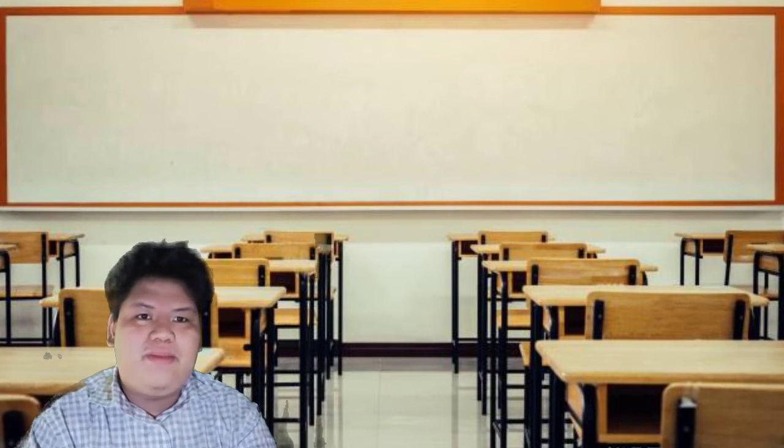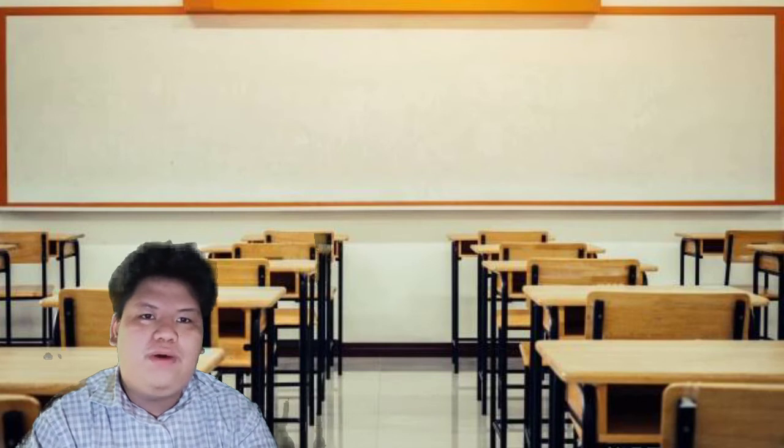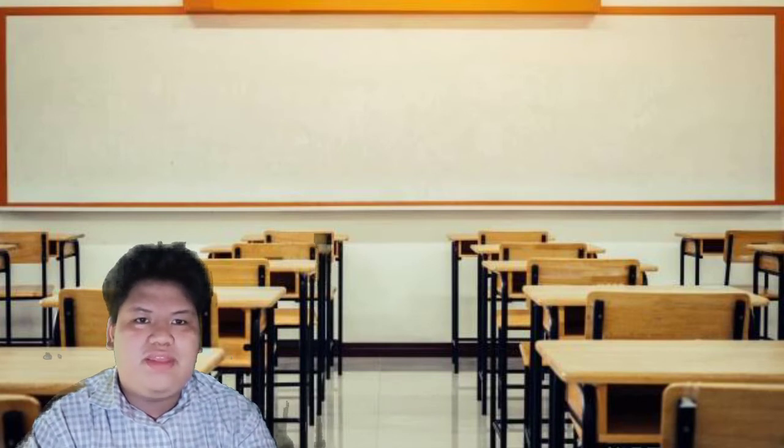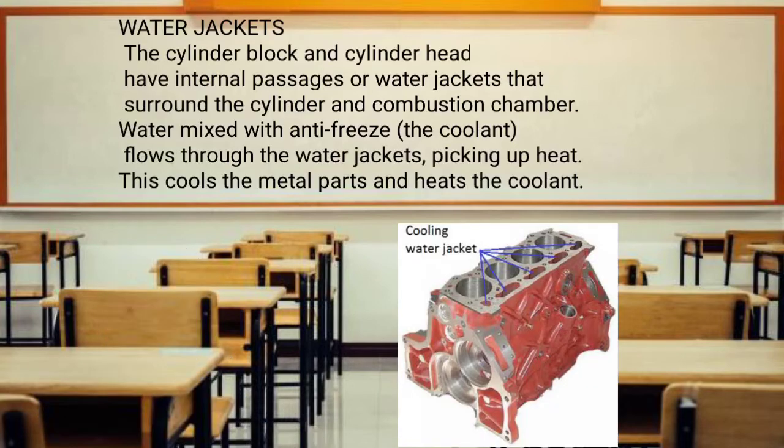So let's proceed to the basic parts of the cooling system. First is the water jacket. So what is a water jacket? Mr. De Los Reyes, can you please read the definition of water jackets? Water jackets. The cylinder block and cylinder head have internal passages or water jackets that surround the cylinder and combustion chamber.